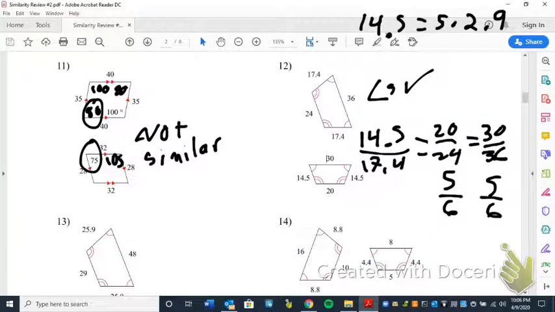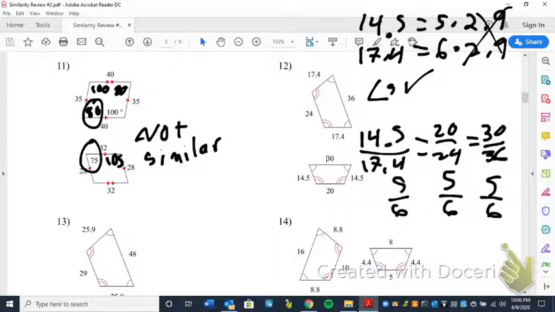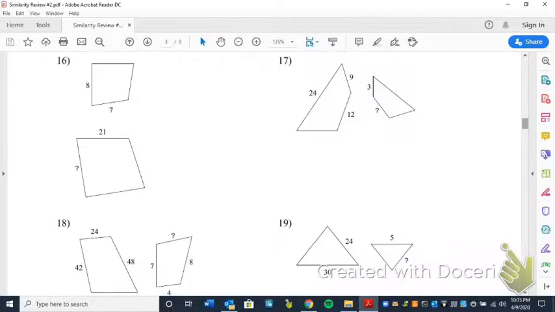Here, the top, 14.5, I divide by 5, and I get 2.9. The bottom, 17.4, I divide by 6, and I get 2.9. So when I cancel out those 2.9s, lo and behold, I get 5/6. So yes, that is proportional. Make sure you line them up.